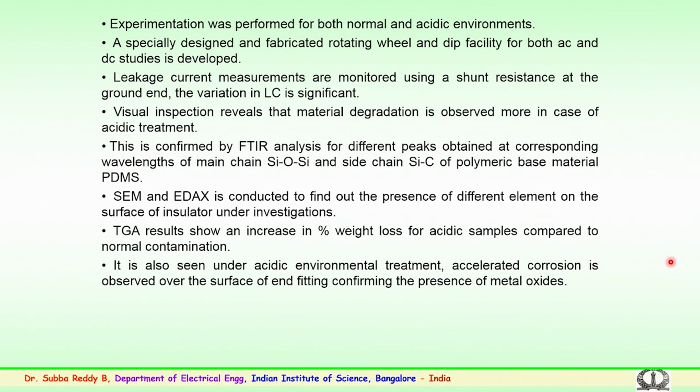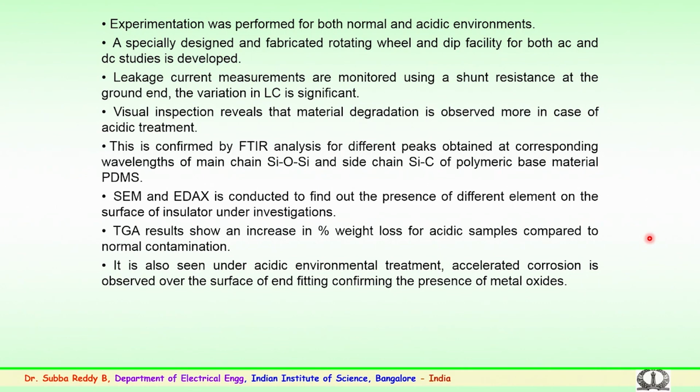The leakage current measurements are monitored using a specially made shunt resistance box with proper protection at the ground end, and the variation of the leakage current was observed to be significant. Visual inspection revealed after the experiment that material degradation was higher in the acidic treated samples in comparison to the normal samples.